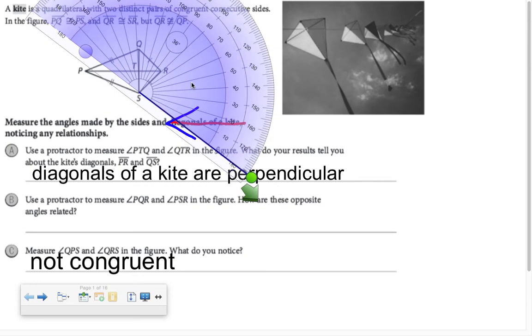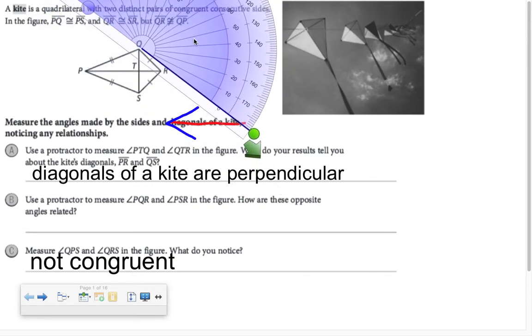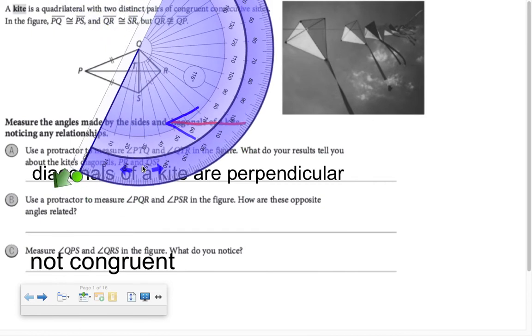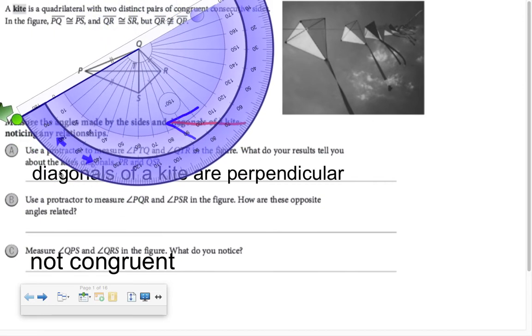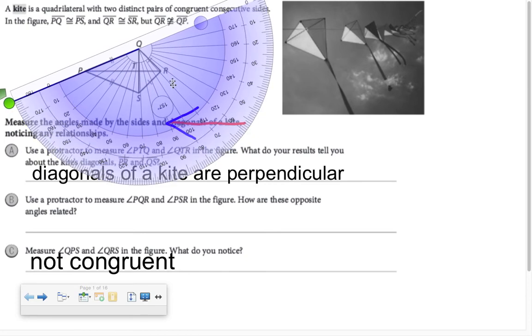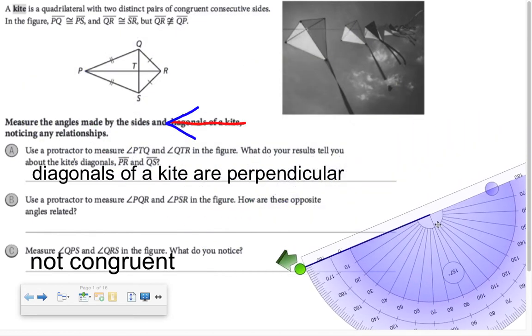And QPR is also just about 115. So they are congruent.